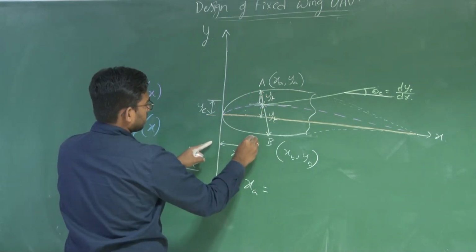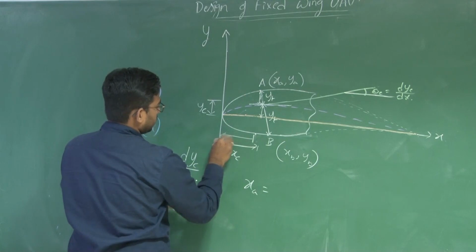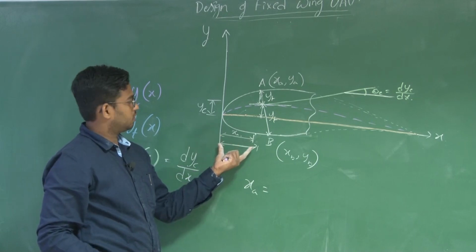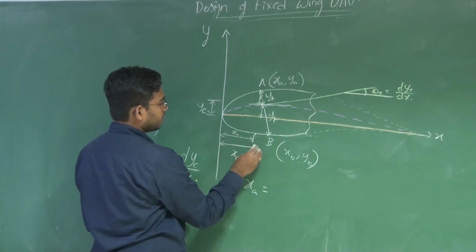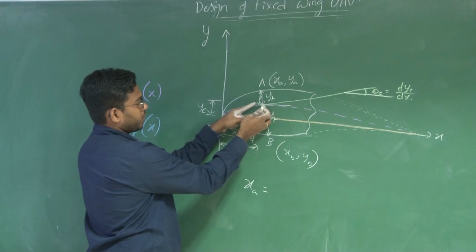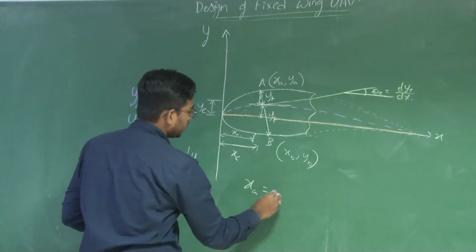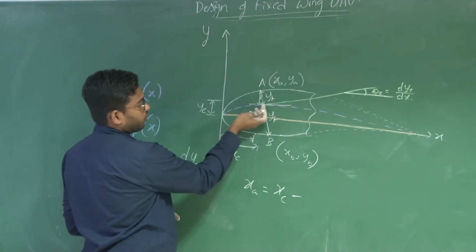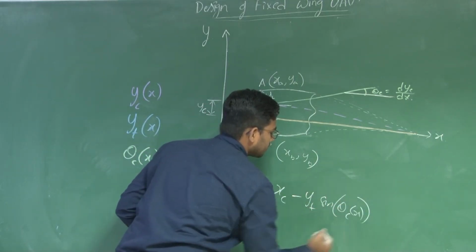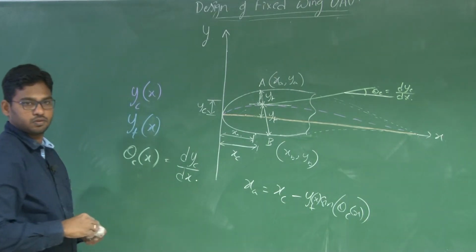If I know this distance, say this is my xa, and if I subtract this horizontal distance, I know what is xc, I will get to know what is my xa. So xa is equal to xc minus yt sin theta of c at that particular x.